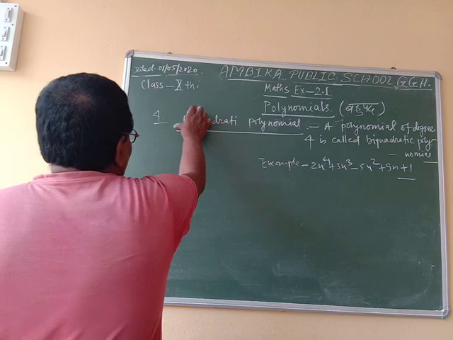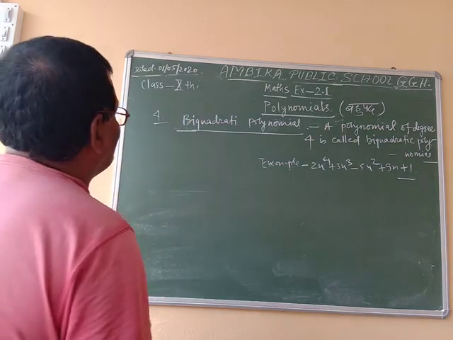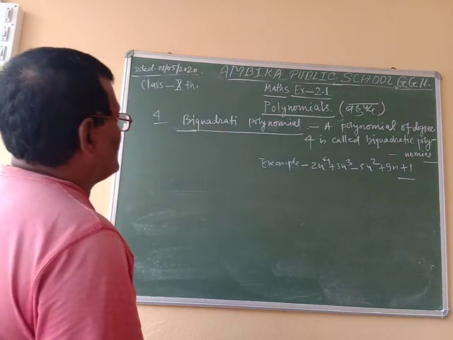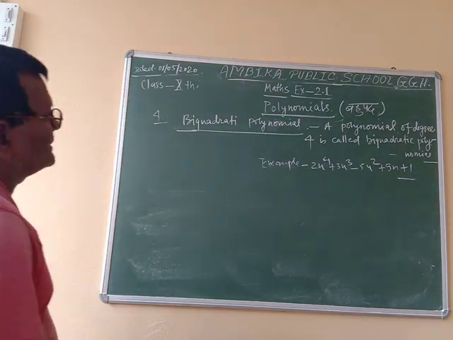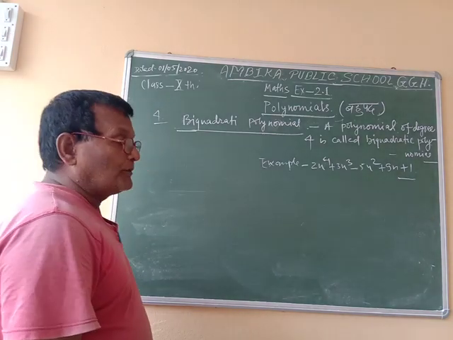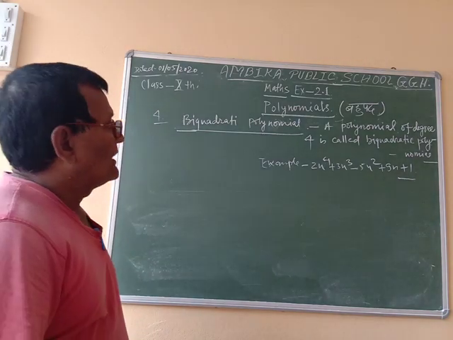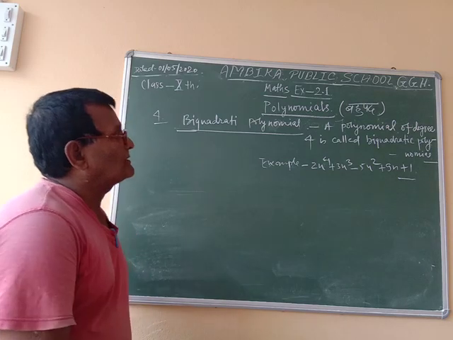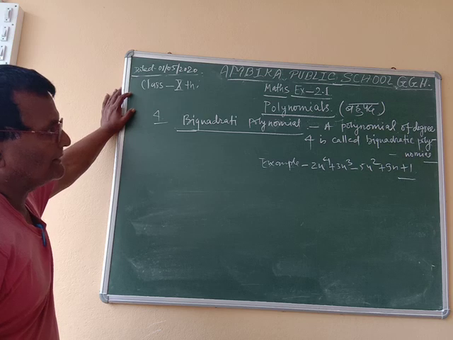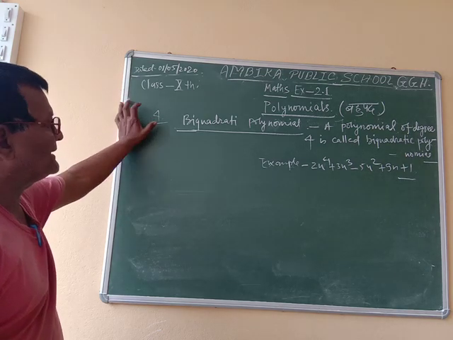There are 4 types of polynomials: linear polynomial, quadratic polynomial, cubic polynomial and biquadratic polynomial. A polynomial of degree 1 is called a linear polynomial. एक घात के बहुपद को रैखिक बहुपद कहते हैं.